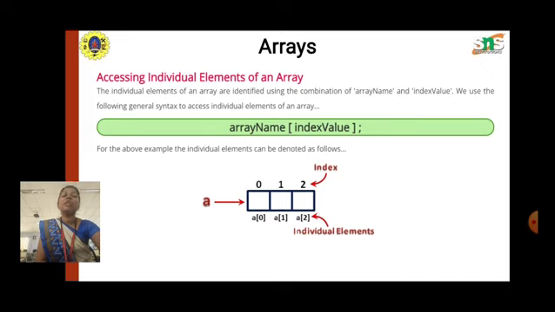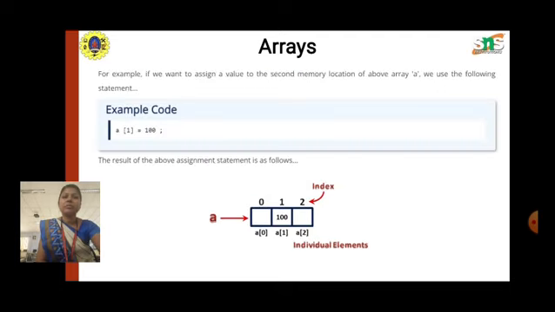There are 3 boxes in which we need to store the array values, with their index value and array name. Array elements are identified using the combination of array name and index value. The syntax for these elements is array name of index value.